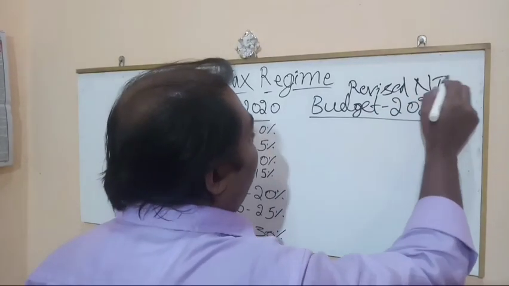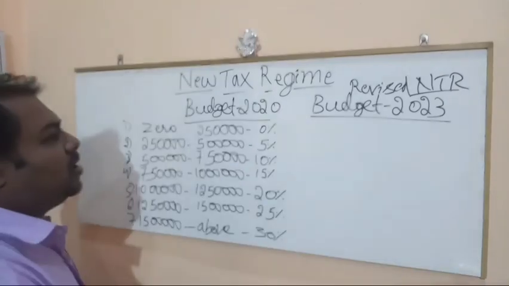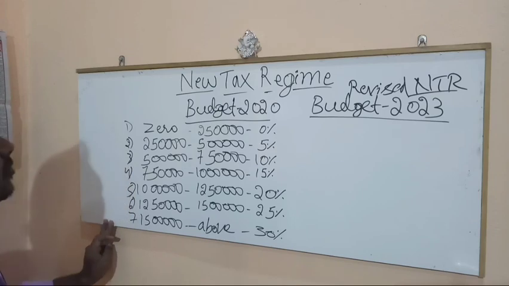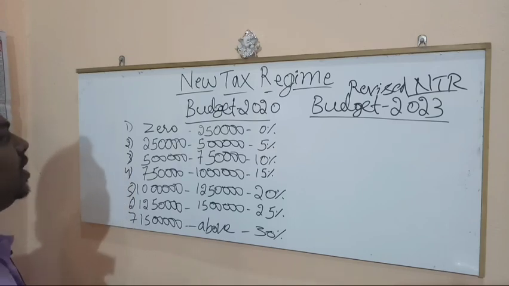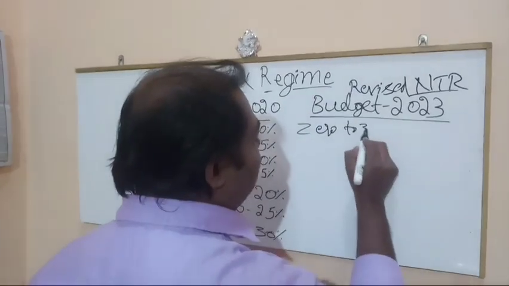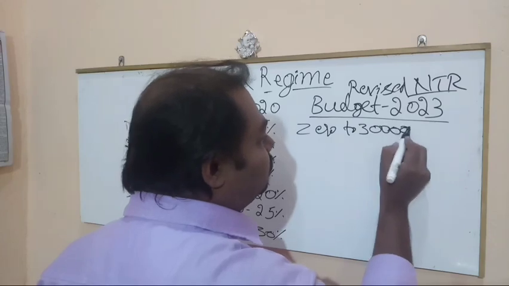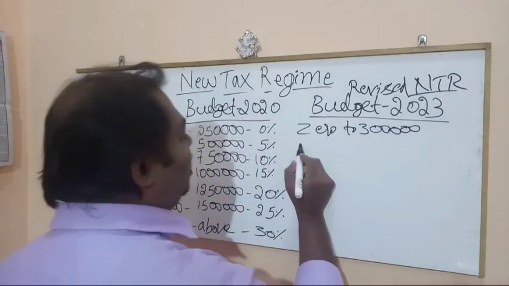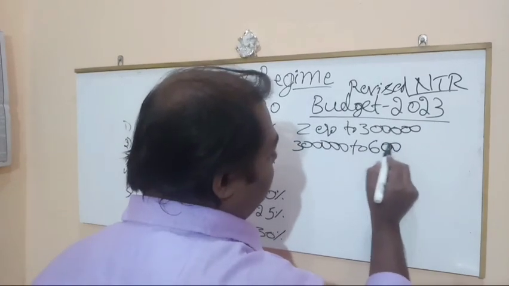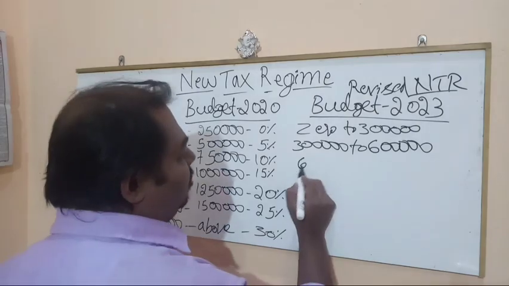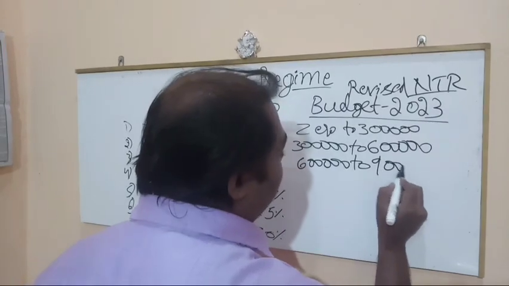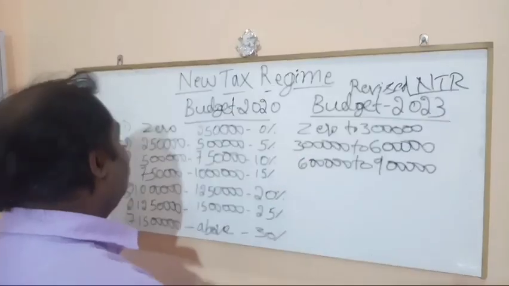Revised new tax regime. So in the revised new tax regime, they have kept the same slabs, but they have given an extra 50,000 rupees as exemption. 0 to 3 lakh, there is exemption. From 3 lakh to 6 lakh, it is 5%. 6 lakh to 9 lakh, it is 10%.